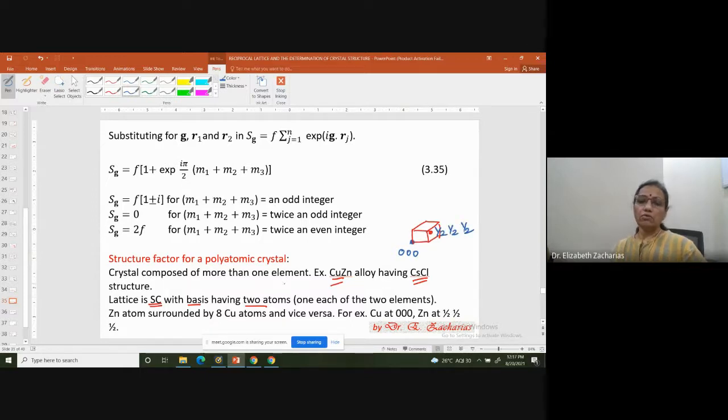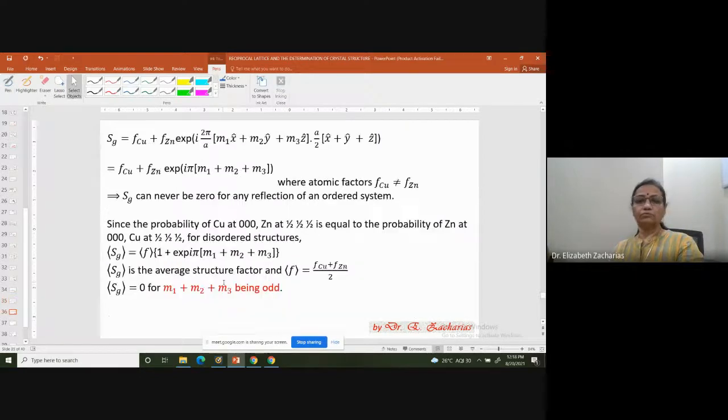Now you must remember that if you repeat this simple cubic structure with two atoms in the basis, one being copper and the other being zinc, and translate this in 3 dimensions, then what you get is your cesium chloride structure. So now you have to remember why this is different from the previous discussion.